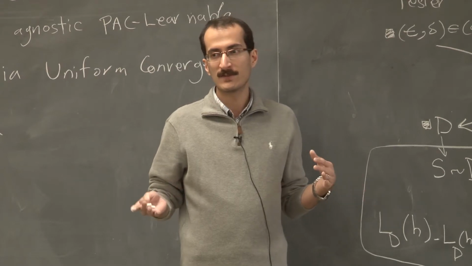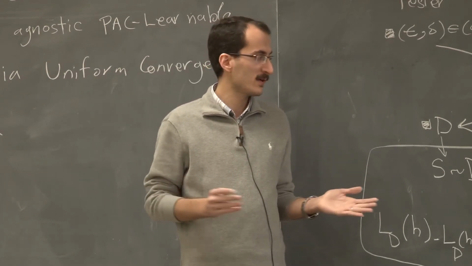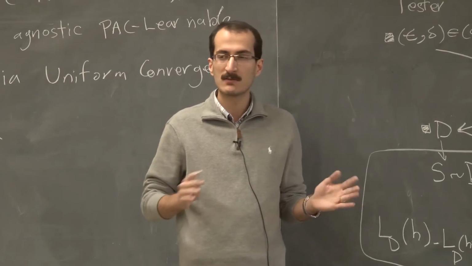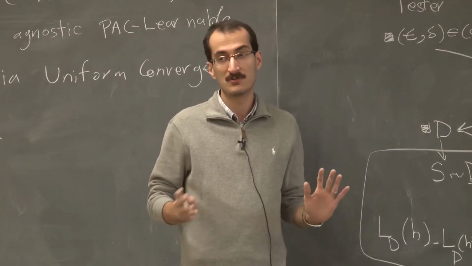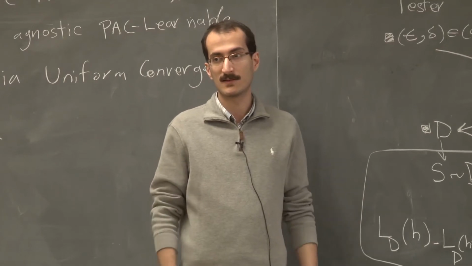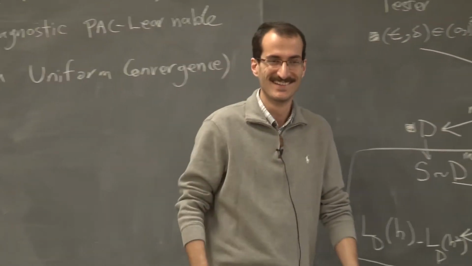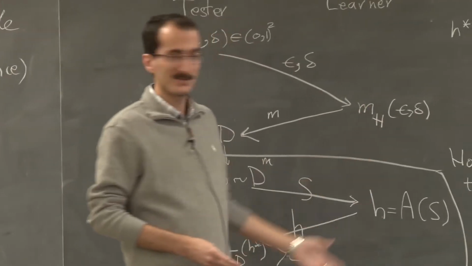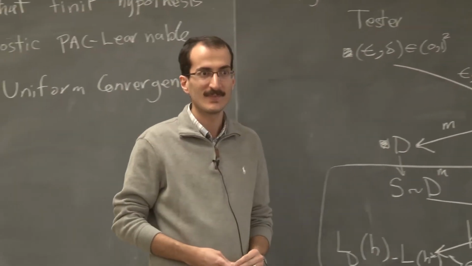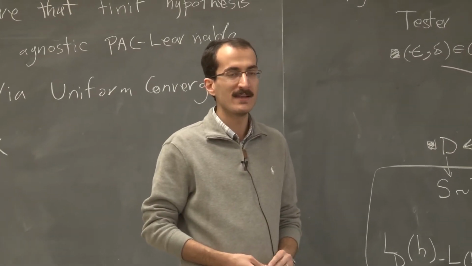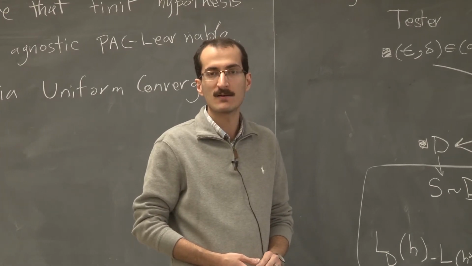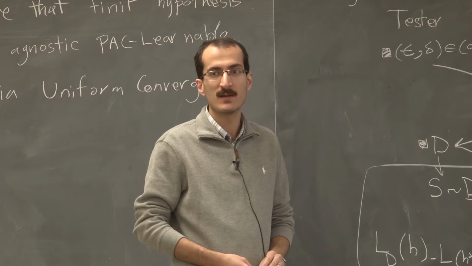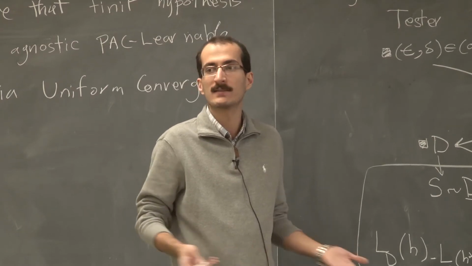I don't know if Shai will tell you about it, but the main difference is about computational complexity, but not sample complexity, at least usually in the standard case. Okay, any questions about this? That's the main concept. And now we want to see which hypothesis classes are PAC learnable, by which I mean there exists a good algorithm that can learn them.